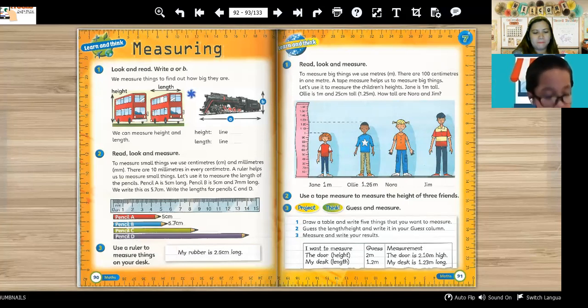Finished? Not yet. My computer is 34 centimeters long. 34? Yes, 34. Oh, okay. What else?